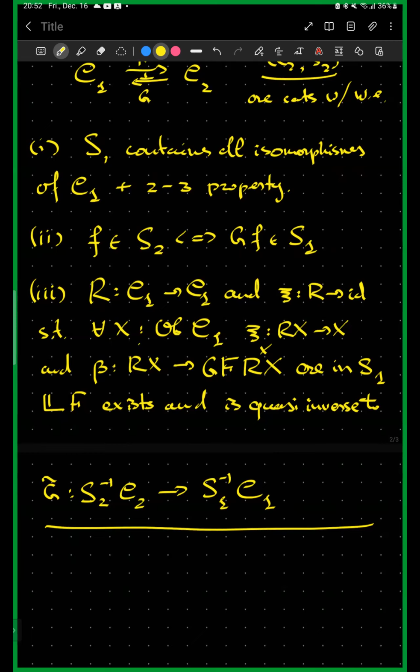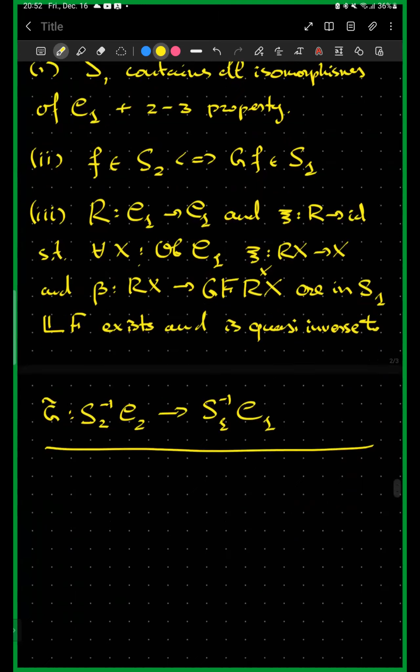And since isomorphisms are a class which contains all isomorphisms, obviously, and which satisfies the 3-for-2 property, when we pull it back via some invariant, the class of maps which induce an isomorphism on this invariant obviously also satisfies this condition.